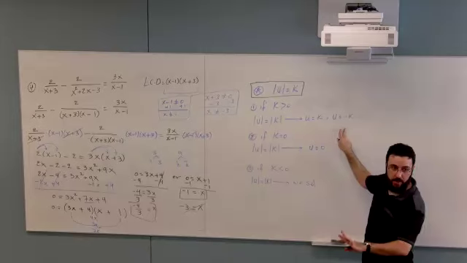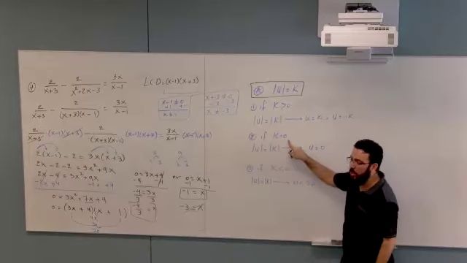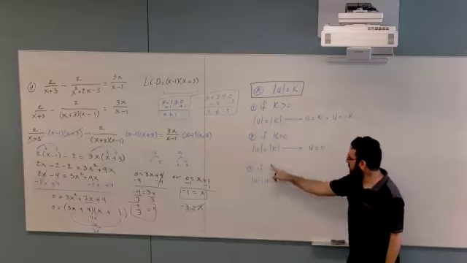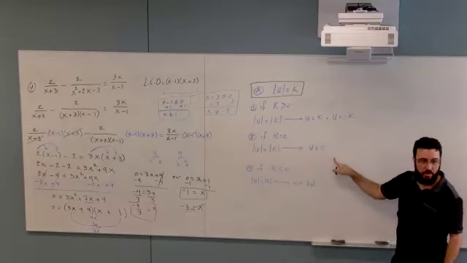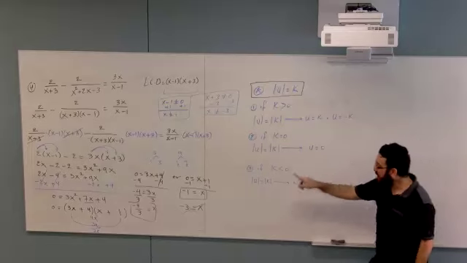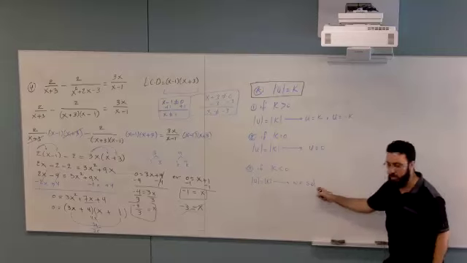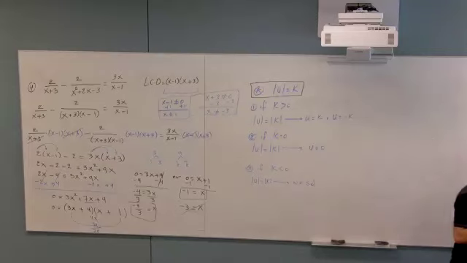Now, if k equals 0, the solution is going to be u equals 0. If k is less than 0, which is a negative number, what are you going to do? No solution. We're going to do an example to see how this rule works.